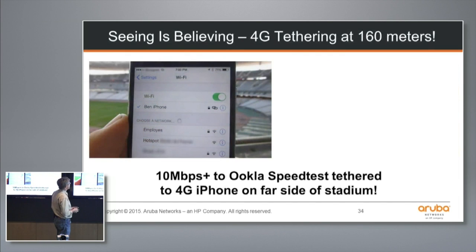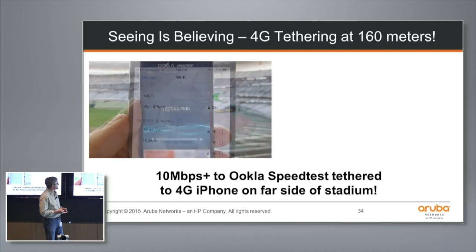It's easy to do. Ben turned on his iPhone and put it in hotspot mode, and I connected to his iPhone over 160 meters. Then we just ran a speed test.